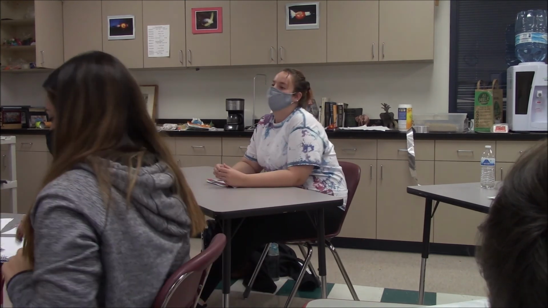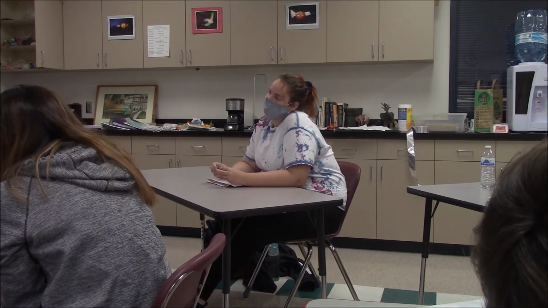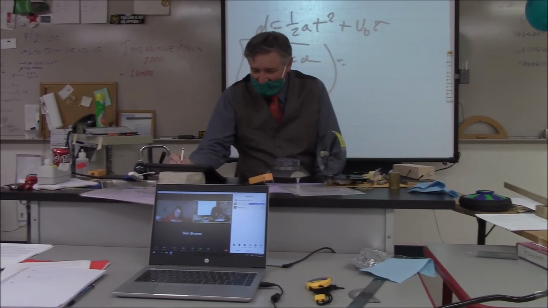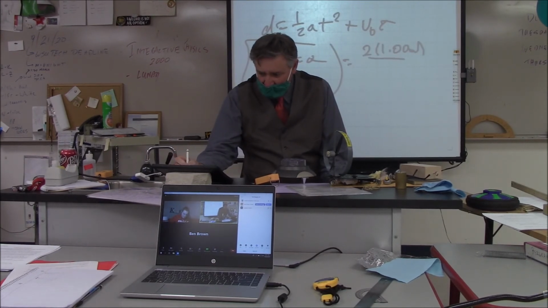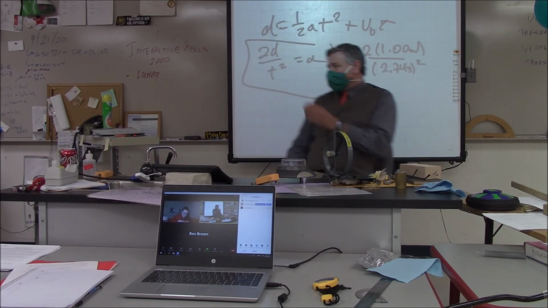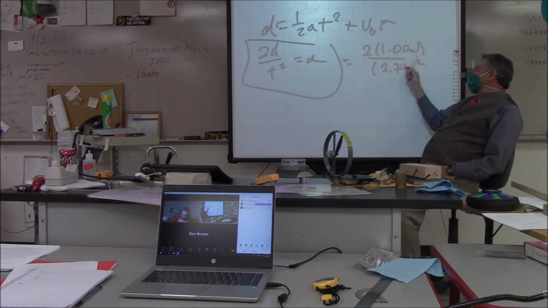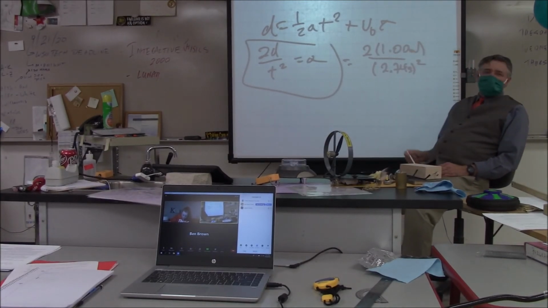So we're going to take 2 times 1 meter, and what was the time? 2.74 seconds squared. So somebody take 2 and divide it by 2.74 squared.